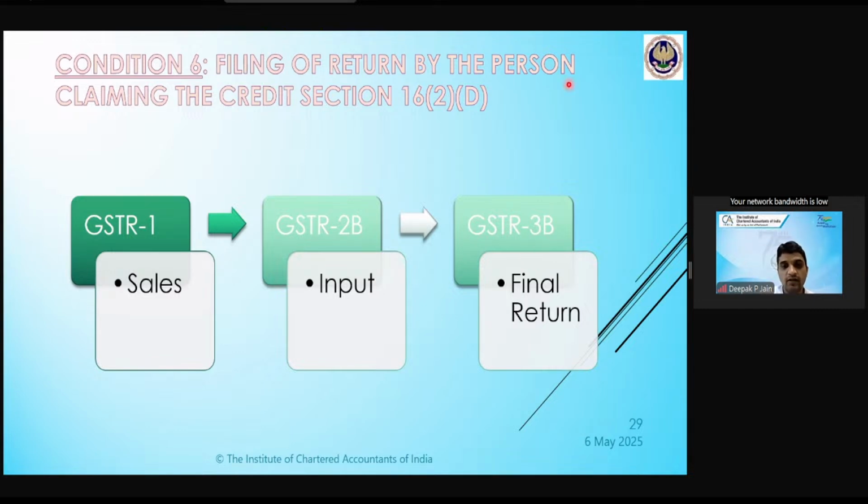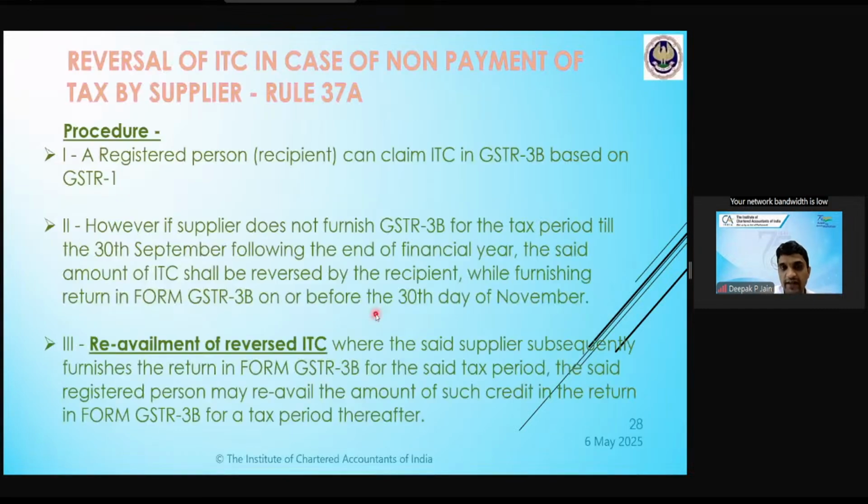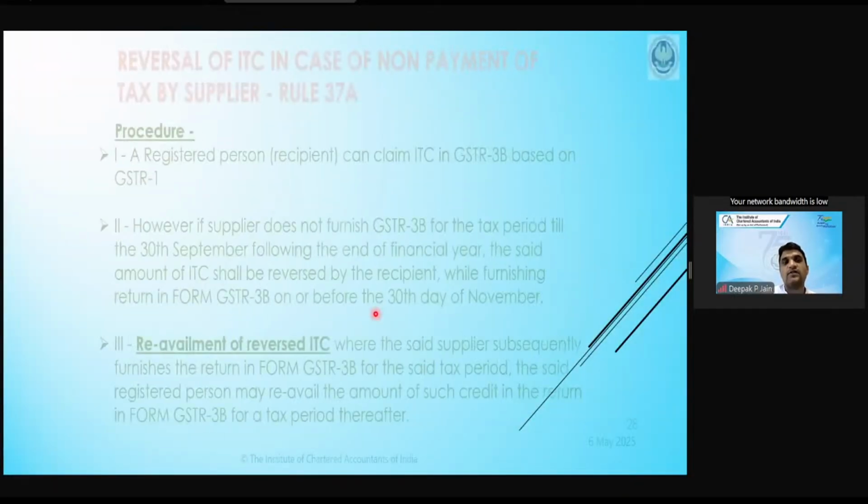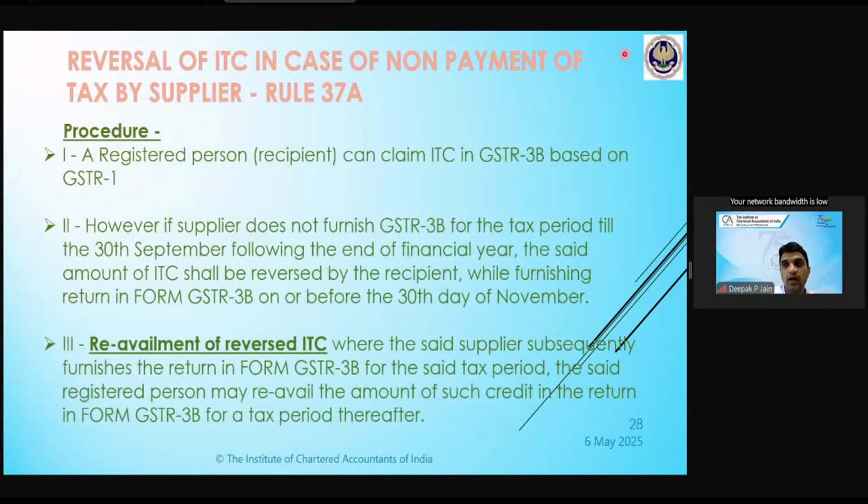Reversal of ITC. Okay. So what the reversal of ITC is basically saying is this: when you are filing any return, the supplier has to file the return. He has to file the return by the 30th September. If he's filing by 30th September, good. If he's not filing by 30th September, then you have to reverse the credit.